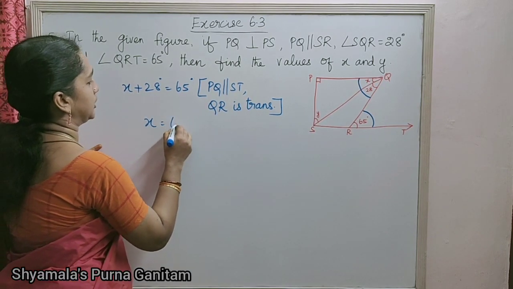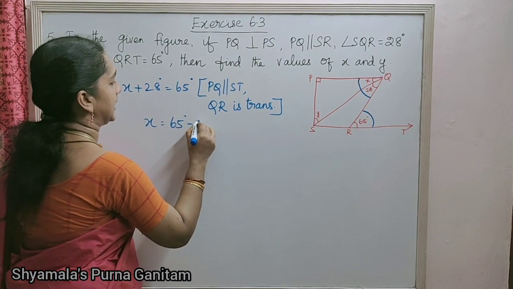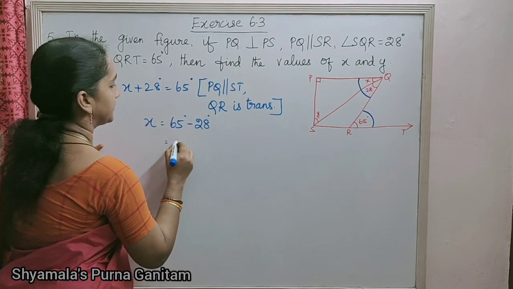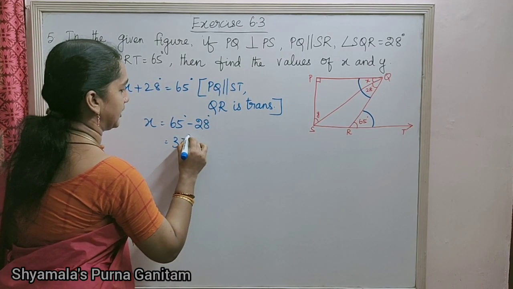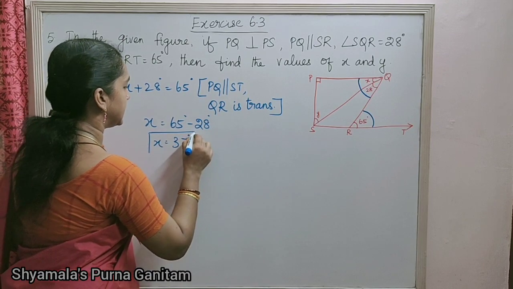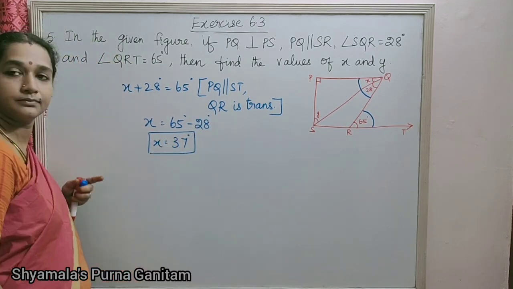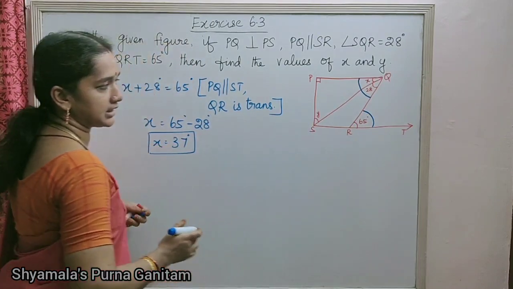So X is equal to 65 minus 28, that is 37. So the X value is 37 degrees.